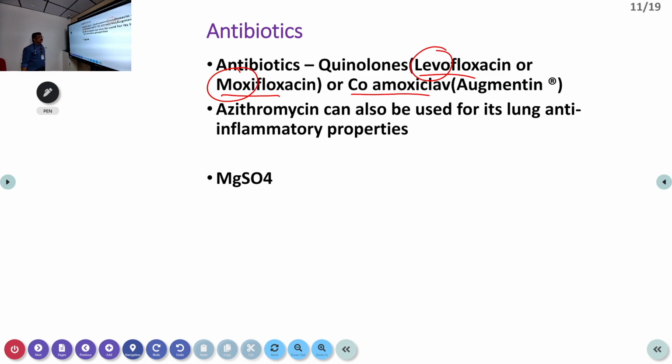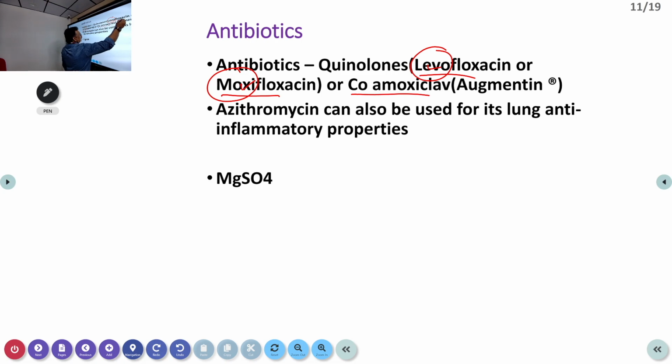The problem in our country is that many patients with COPD can coexist with tuberculosis. So these drugs are second line ATTs, and we have to be very careful when we are using them. We should avoid this type of drugs in suspected TB patients.